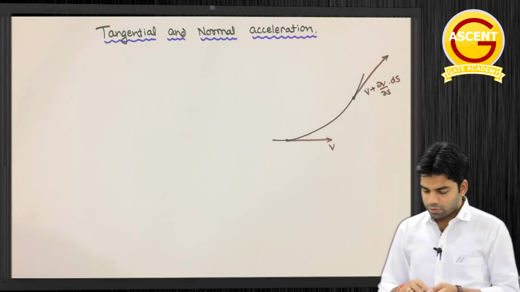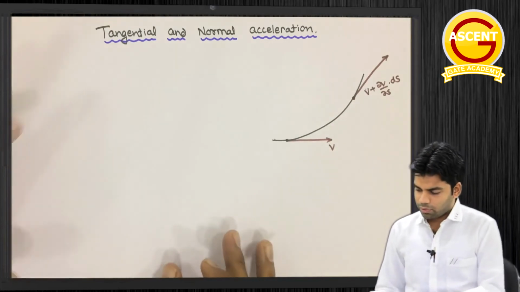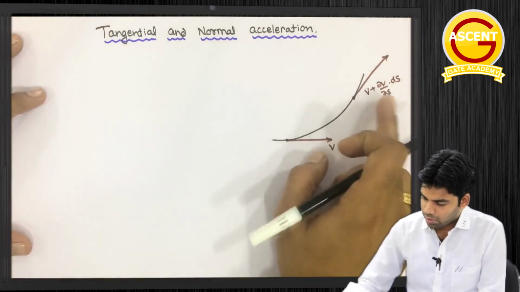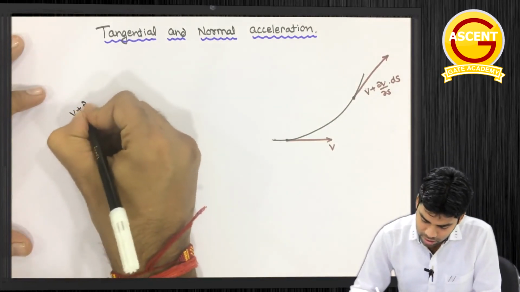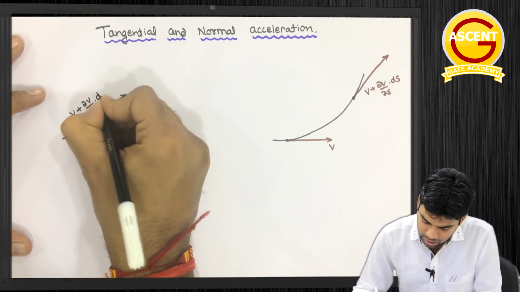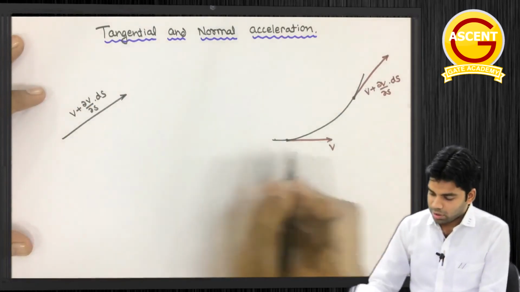Getting this or not? Okay, if I represent this in the form of a velocity triangle, one velocity vector is v plus del v by del s into ds, and another velocity vector is v.